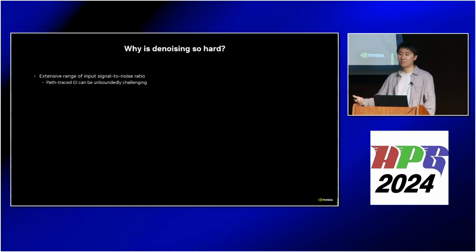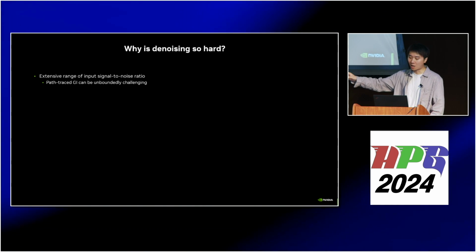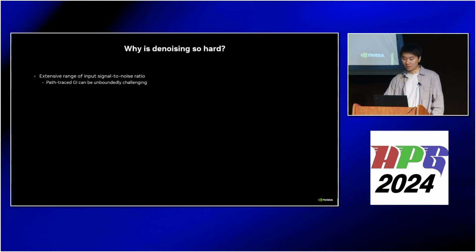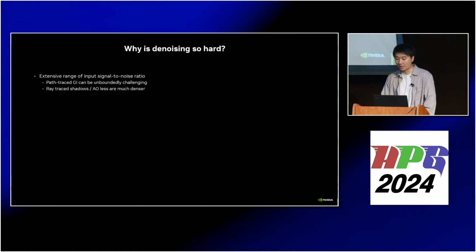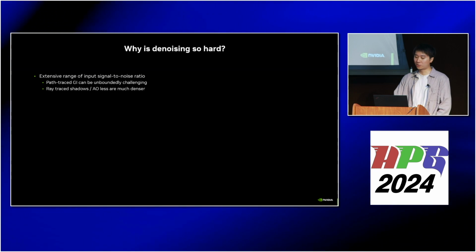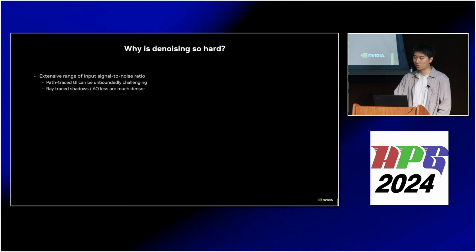If your scene is indirectly lit by an emissive object behind a small keyhole, then the problem is really intractable. On the other hand, we also have direct lighting signals, RTX-DI, reflections, shadows, etc. Those are actually easier to denoise. And it's pretty obvious that the optimal denoising approach for those will be slightly different.